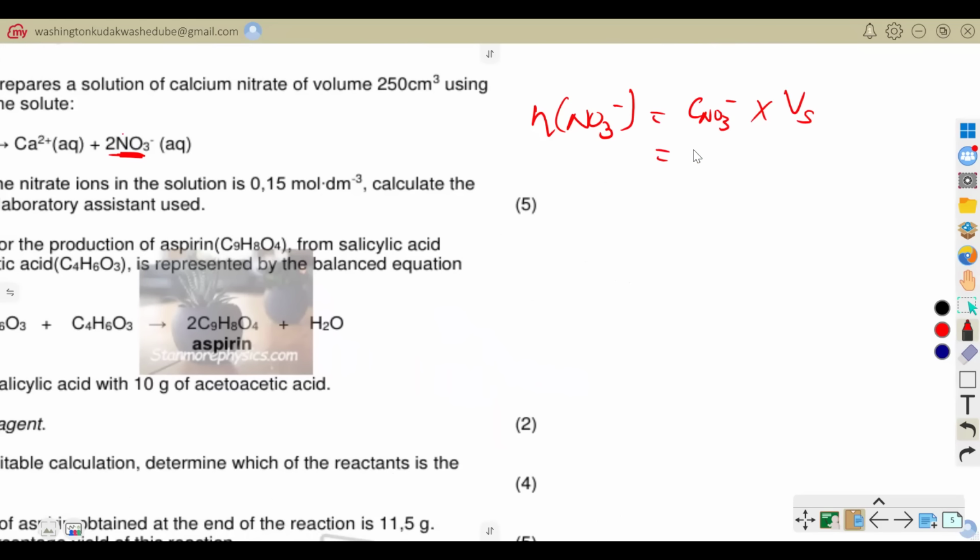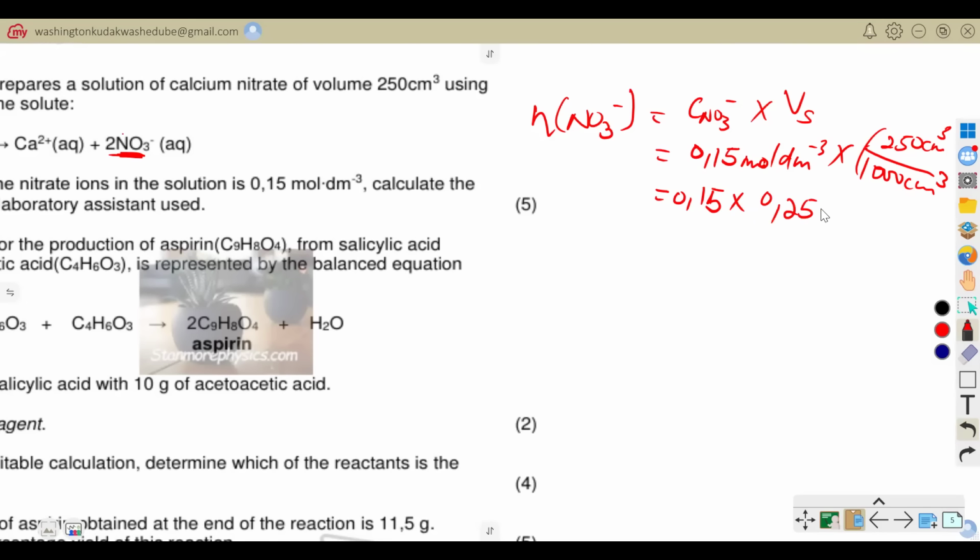Here I've got 0.15 moles per decimeter cubed times the total volume, which is 250 cubic centimeters divided by 1000 cubic centimeters in a decimeter cubed. So this will simply be 0.15 times 0.25.